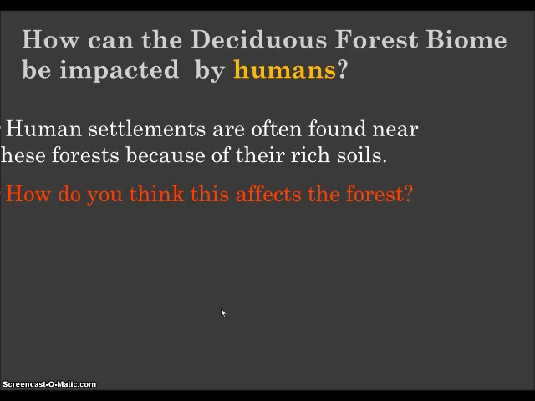Human settlements are often found near these forests because of their rich soils. So think about it. How do you think human settlements, meaning that's where people choose to live near these forests, how do you think that affects the forest?